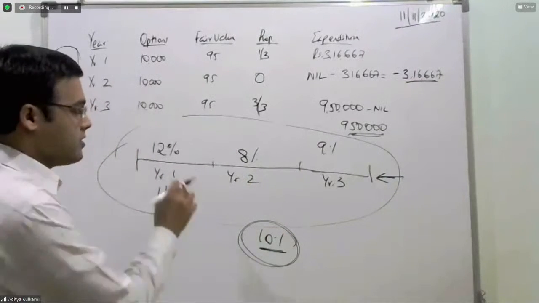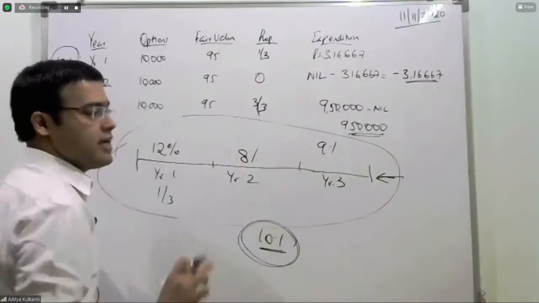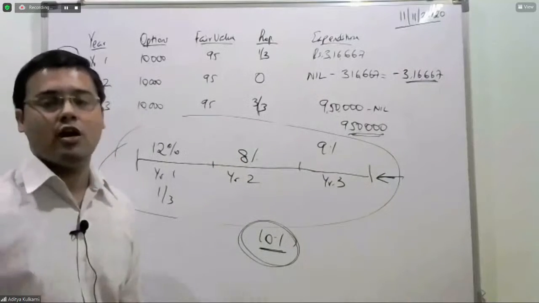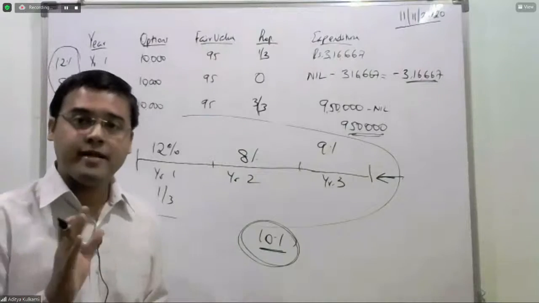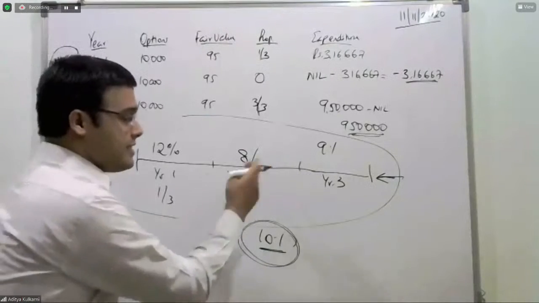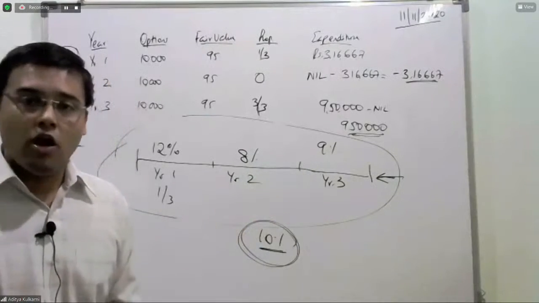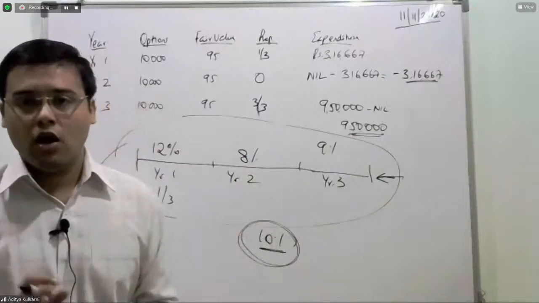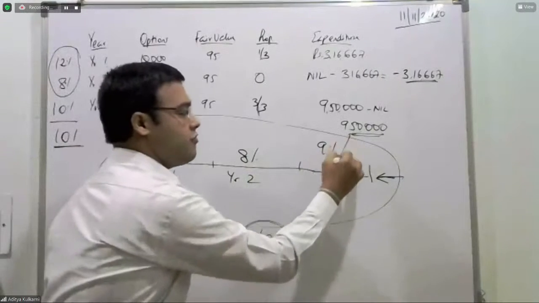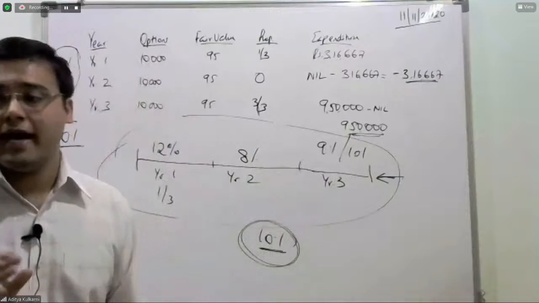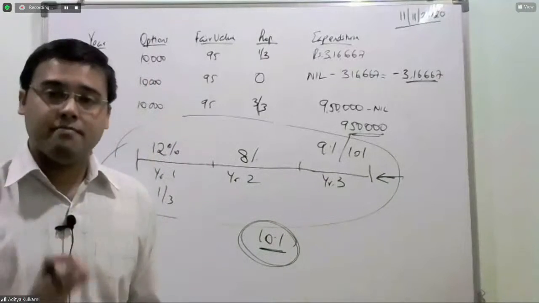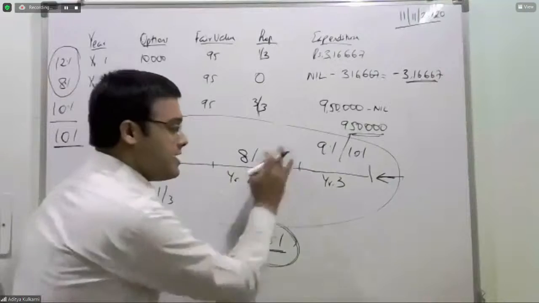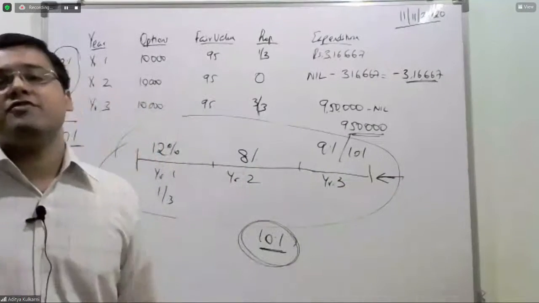The answer is no. 12 plus 8, 20 plus 9, 29 divided by 3 is not 10%. So the management is estimating that in the next year, I will not achieve the reduction of 10%. So the management is thinking in the year 3, I will not achieve the reduction.